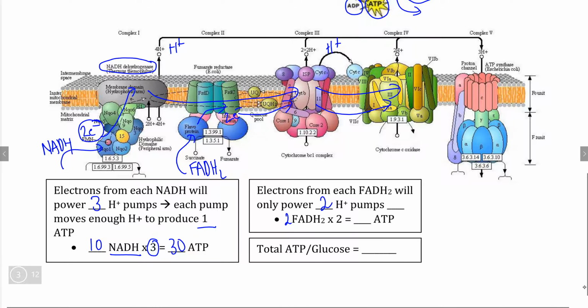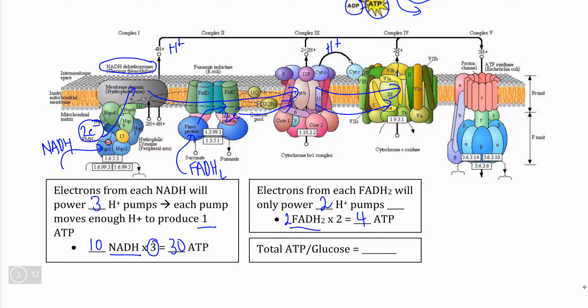Because we only stimulate these 2 H+ pumps, each FADH2 molecule is said to transport enough H+ to produce 2 ATP for every 1 molecule, resulting in an additional 4.